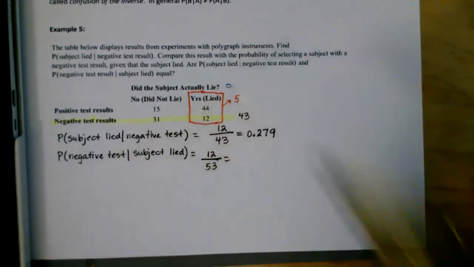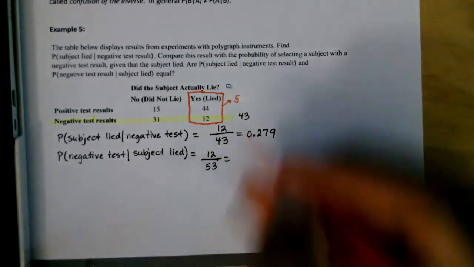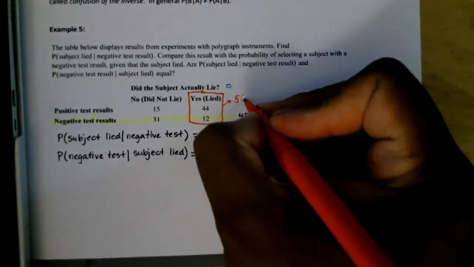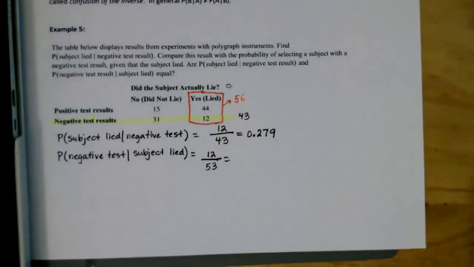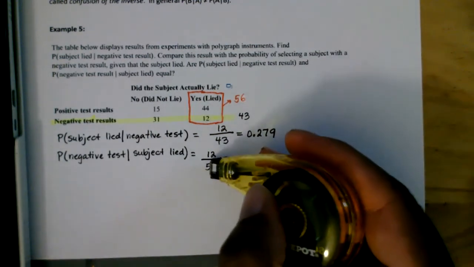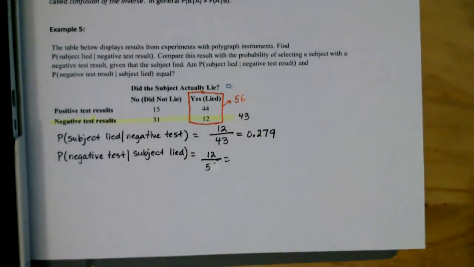I don't know where I got that from. That's 56, not 53. That will make this denominator 56.